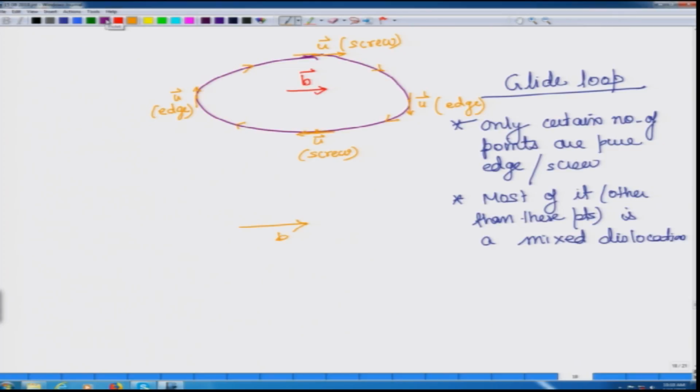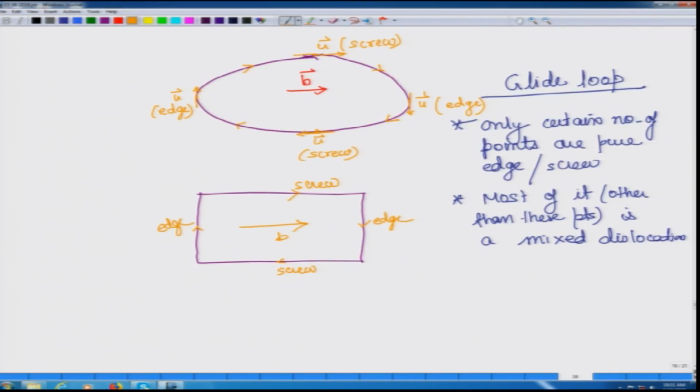It will not take much imagination, you can actually have a dislocation loop like this. So, in theory you can have these being edge, and these being screw, and all of it, not just points. So, in theory you can have a pure edge and pure screw dislocation even if it is forming a loop, but in reality this is not what you would see.